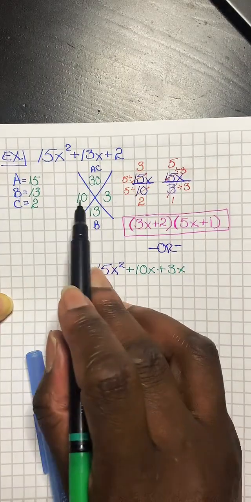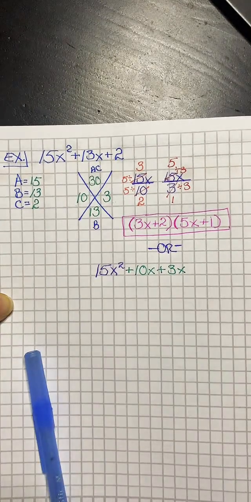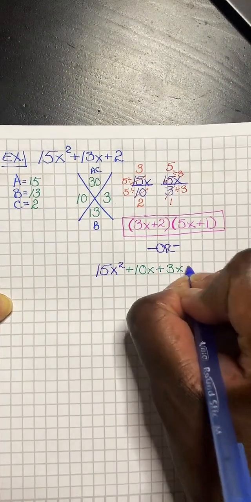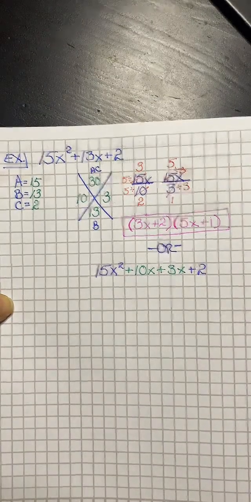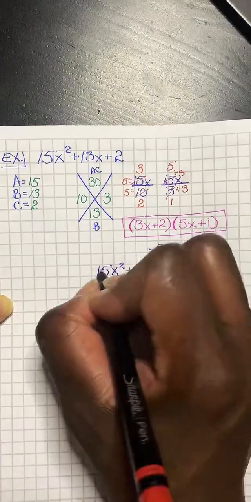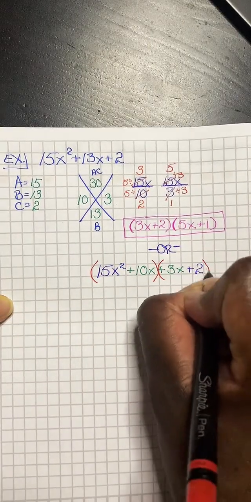So the two numbers that we found are going to replace the 13. Then we have our plus 2. So from here, we're going to group. Group the first two, group the last two.